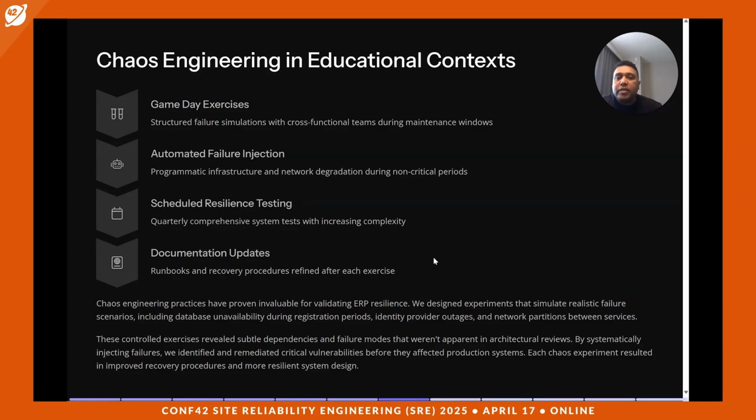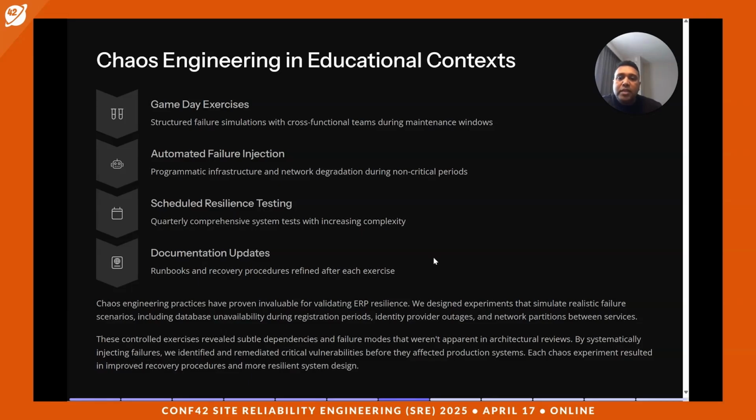Now, chaos engineering practices have proven invaluable for validating ERP resilience. We designed experiments that simulate realistic failure scenarios, including database unavailability during registration periods, identity provider outages, and network partitions between services. These controlled exercises reveal subtle dependencies and failure modes that weren't apparent in architectural reviews.